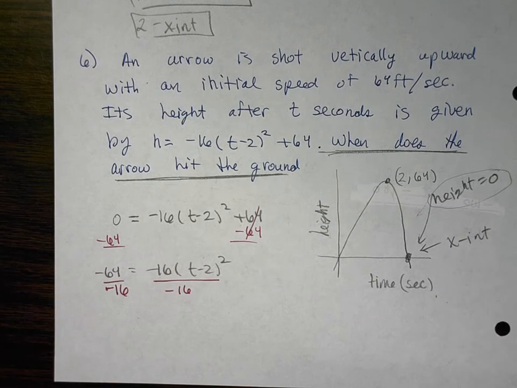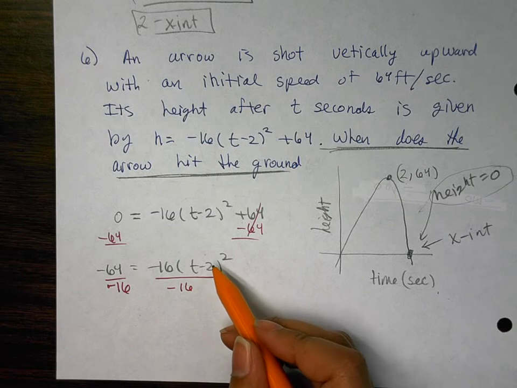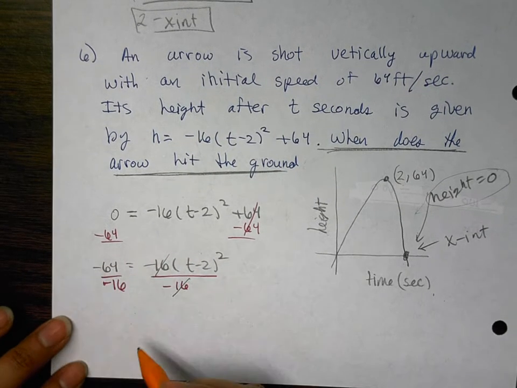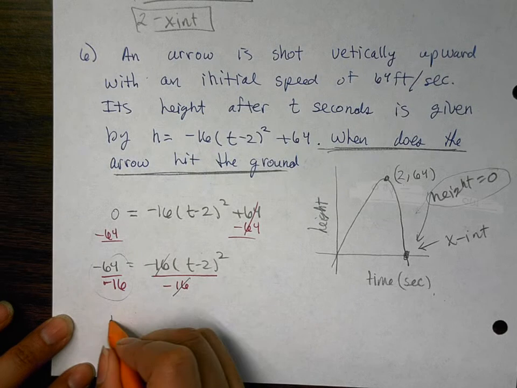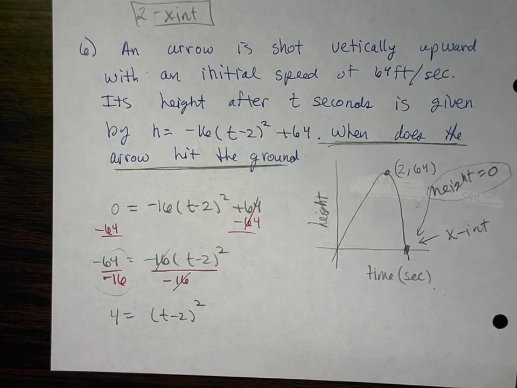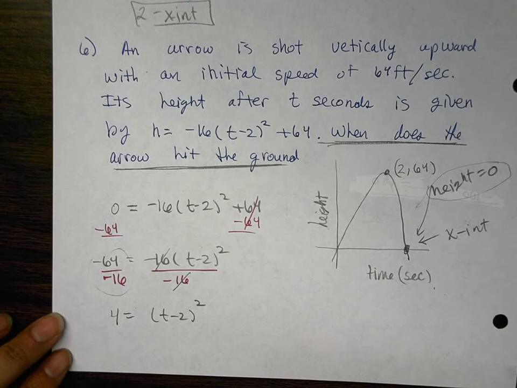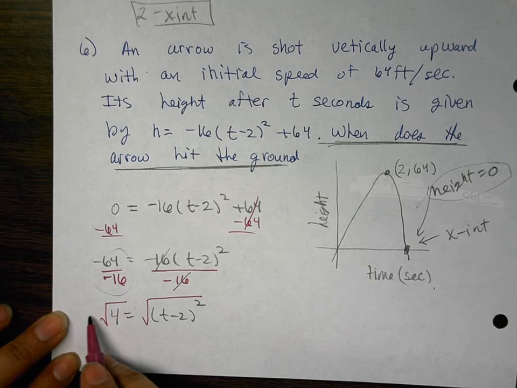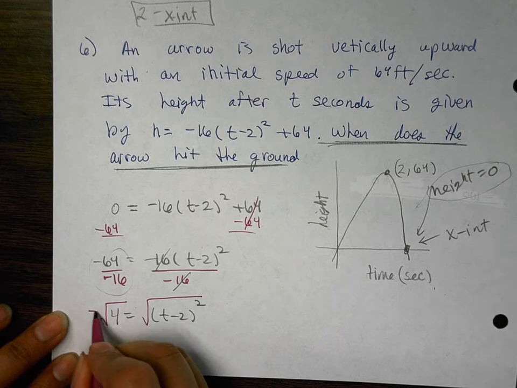Good. Is it okay if I wanted to square root first? Is it okay if I wanted to distribute the negative 16 first? No, we have to divide it. Does anybody have that number? 4 equals (t minus 2) quantity squared. And Audrey, what would we do next? Square root. And what do I have to remember to put in front of this right here?